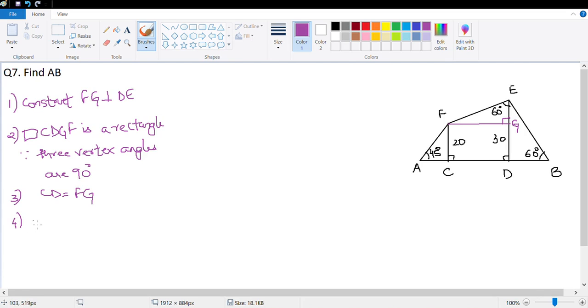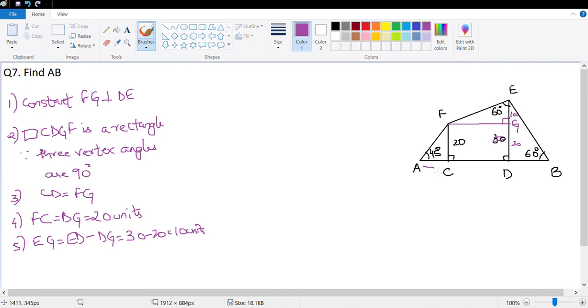Point number 4, FC is equal to DG is equal to 20 units. Units not given, which means EG is equal to ED minus DG, which is 30 minus 20, is equal to 10 units. So GD is 20. Let me just delete 30 from here, and EG is 10.